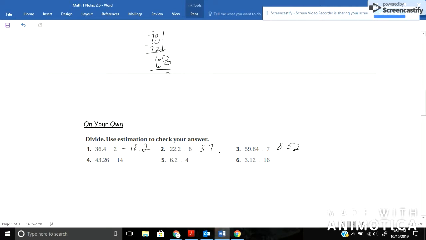Number 4 is 3.09. Number 5 is 1.55. And lastly, number 6 is 0.195. This kind of looks like a negative, I'll just put an arrow. If you didn't get that, rework one of those problems, or ask a friend or ask me, and I can help you out.